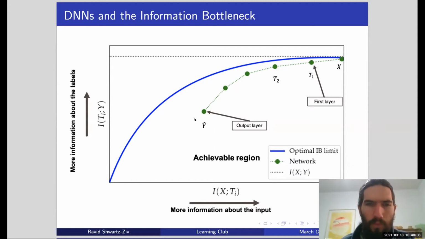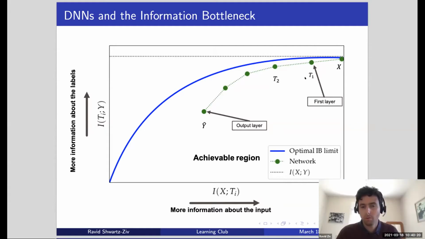Good. Yes. In the last slide, you made a separation between encoder and decoder. How do you decide which is which, or where do they transition? So I'm looking at the representation of a specific layer, okay, and I calculate the information with the input for this layer, and I'm calculating the information with the labels. You can think of it as an optimal decoder.